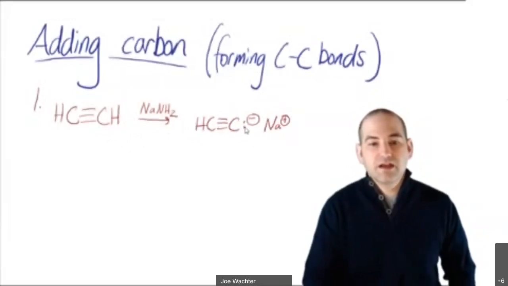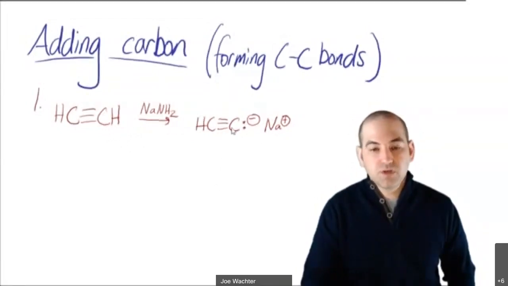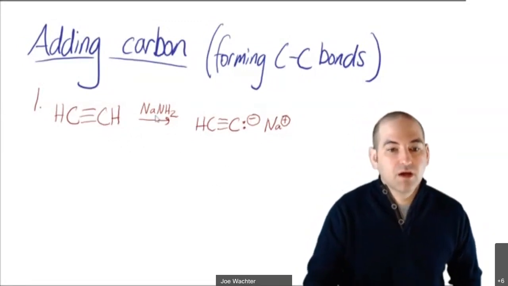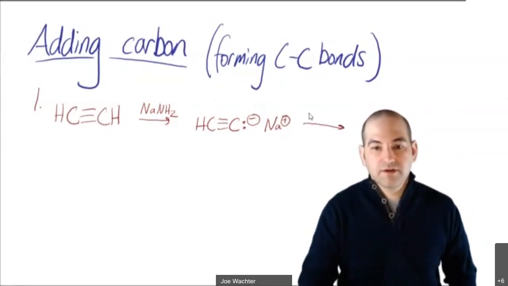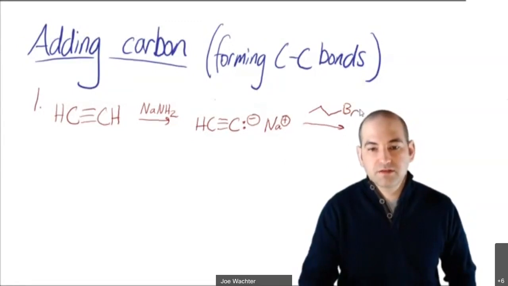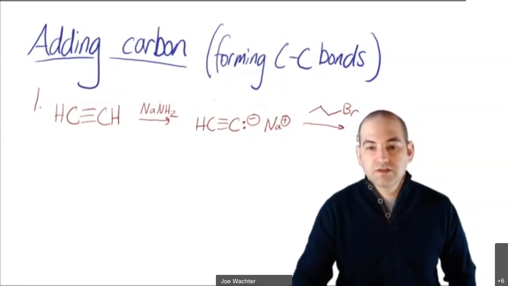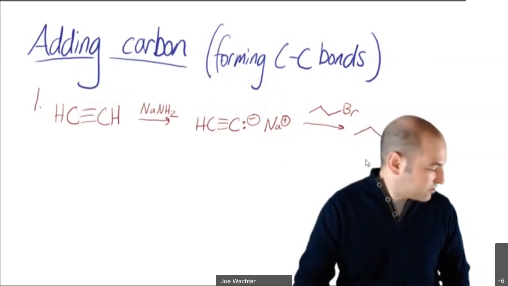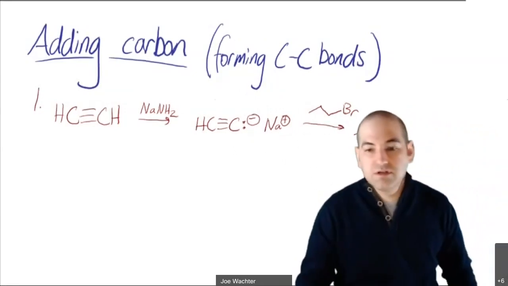And then this can act as a nucleophile to displace a leaving group, to do substitution chemistry. So you could have something like this, and this does an SN2 type substitution to make another alkyne.